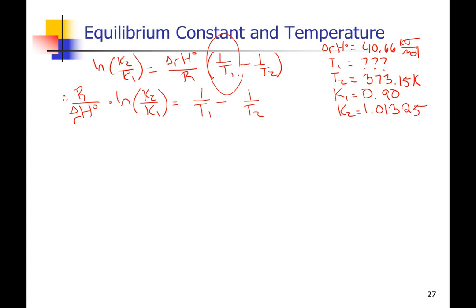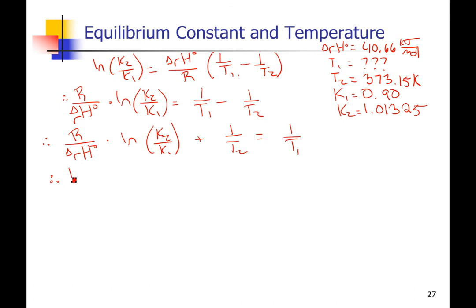And then to isolate 1 over T1, I add 1 over T2 to both sides. So I'm going to get R over standard enthalpy change times natural logarithm of K2 over K1, all plus 1 over T2 is equal to 1 over T1. And if I wanted to isolate for T1, I would then take 1 and divide it by everything on the left-hand side of the equation, but that's too cluttered even for me.